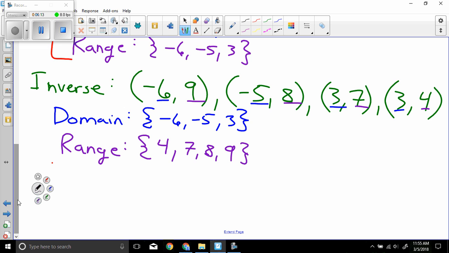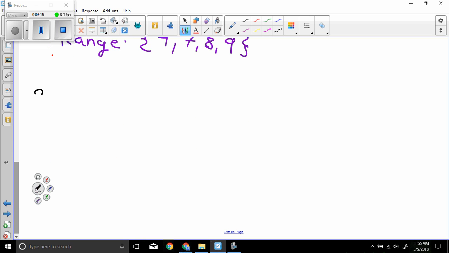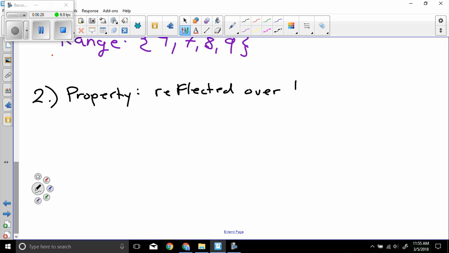Well, what about the second property? Let's look at the second property. It says it's reflected over the line y equals x.